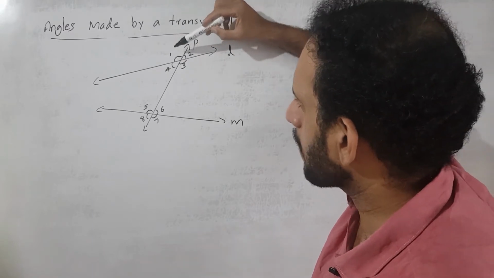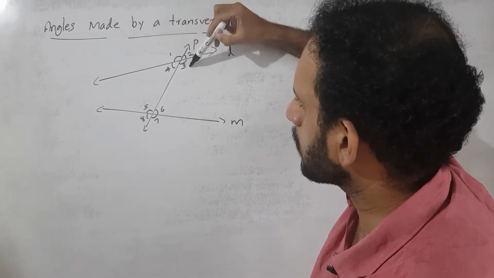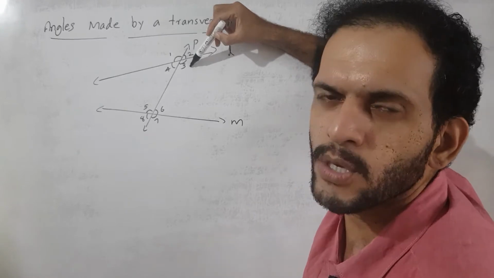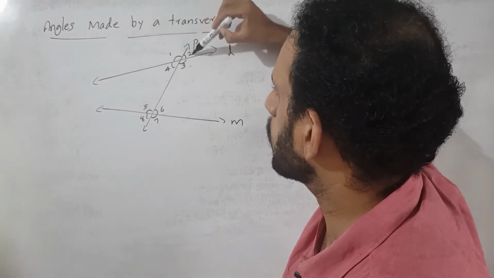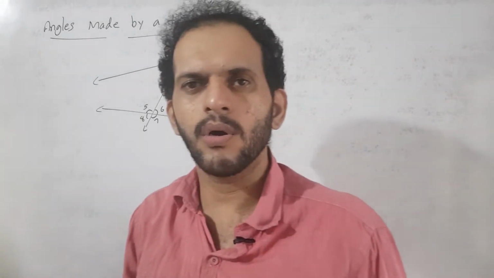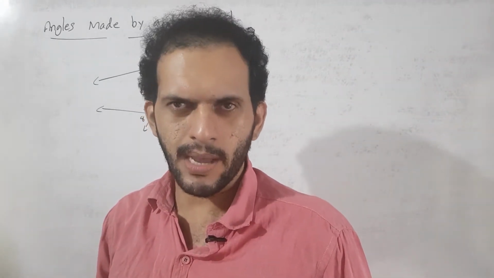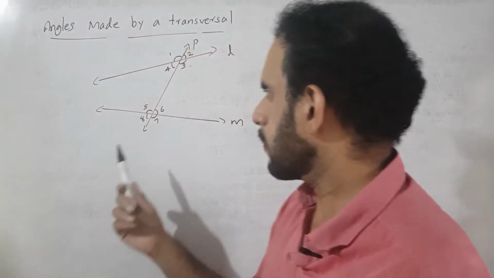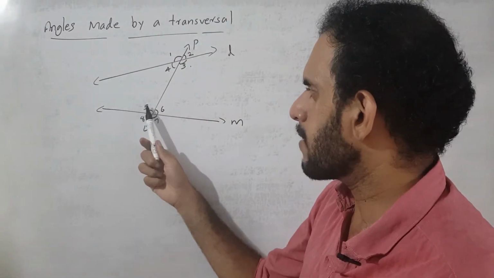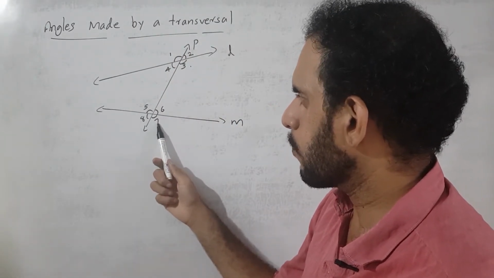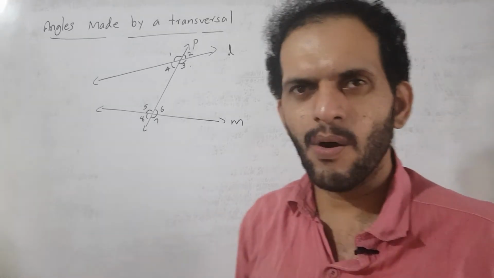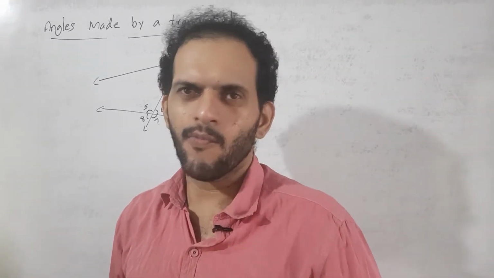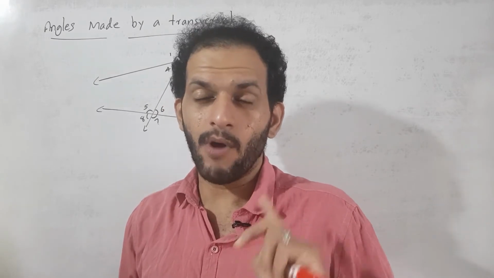In these angles, angle 1 and angle 3 are called vertically opposite angles, and angle 4 and angle 2 are also called vertically opposite angles, correct? And here in the lower part, 5 and 7 are vertically opposite angles, 8 and 6 are also vertically opposite angles. Then we get one more angle.